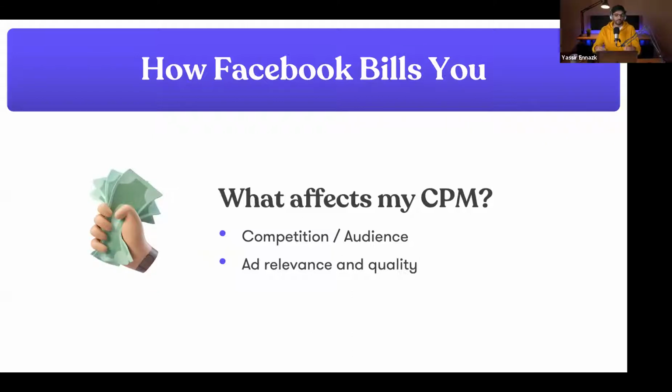For example, Facebook knows people who have the purchase behavior and who are ready to purchase your product. When advertisers choose the conversions objective and say, I want people who are going to purchase this product, that tells Facebook it needs to find people who are going to purchase.